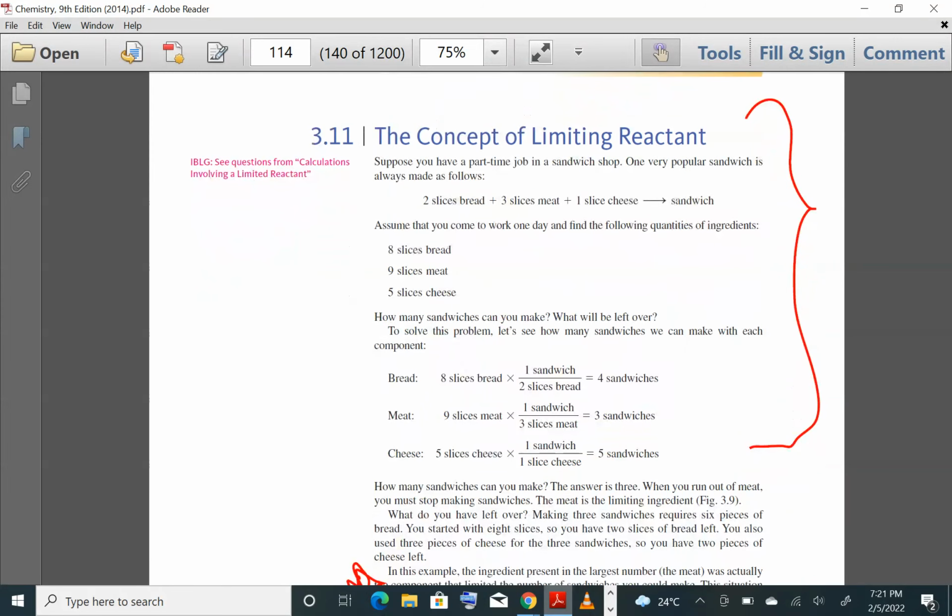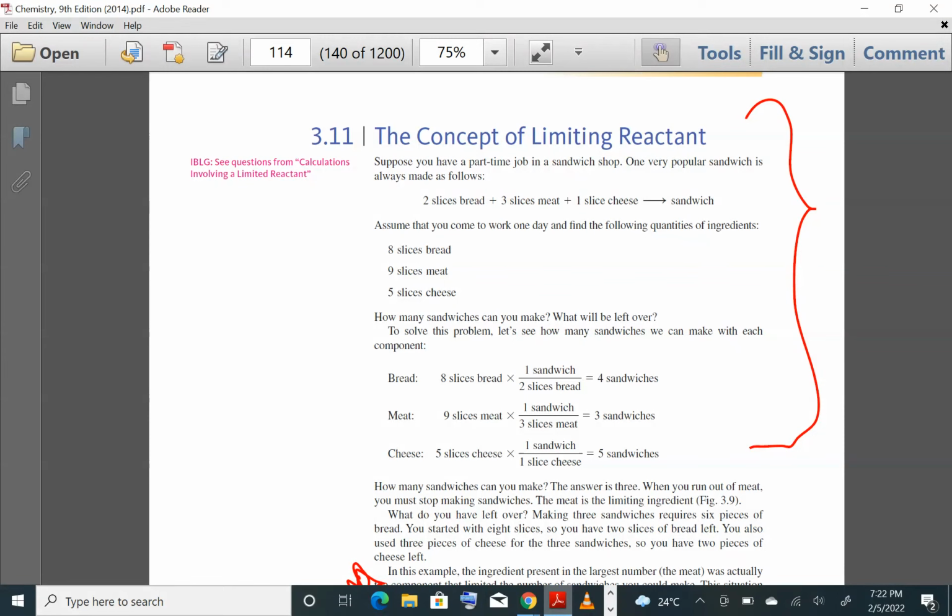If you look at that equation, one sandwich requires 2 slices of bread. So with those 8 slices of bread, you can make 4 sandwiches. With meat, you can make 3 sandwiches. With cheese, you can make 5.